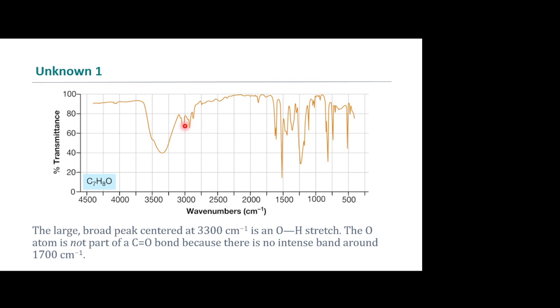What do we notice up here? Yep, we have several sets of peaks, don't we? And so are the ones that we have here all right between 3,000 and 2,900?